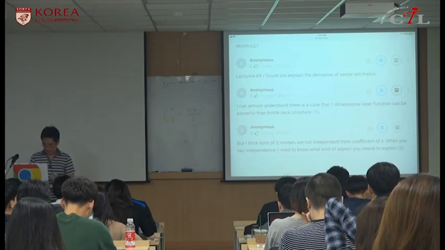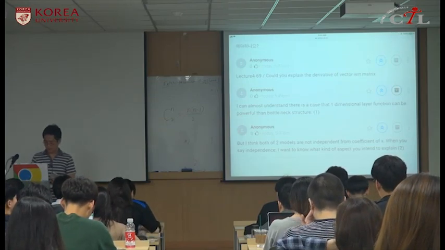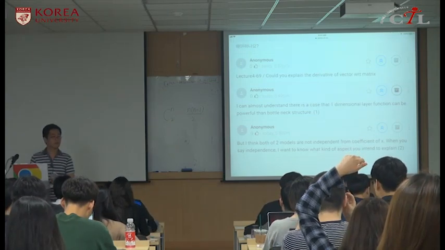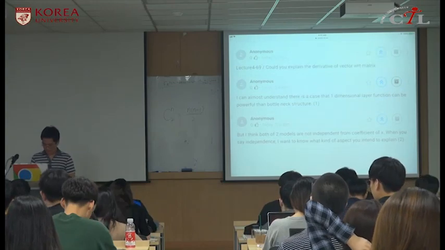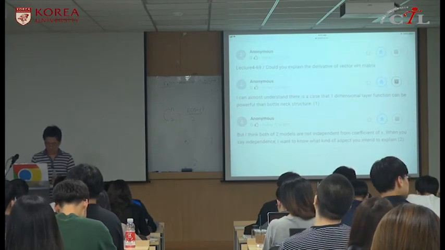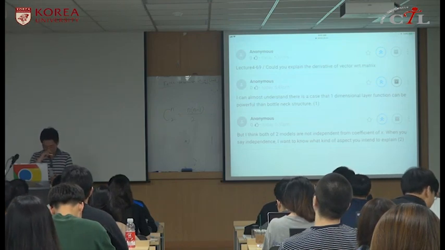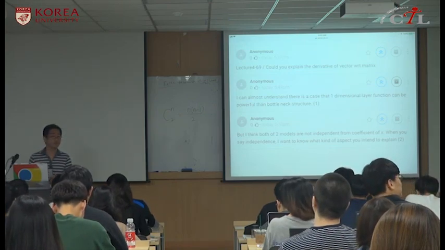There is a case where a one-dimensional function can be more powerful than... I don't understand this question in the middle. Can anyone elaborate or explain a little bit more?